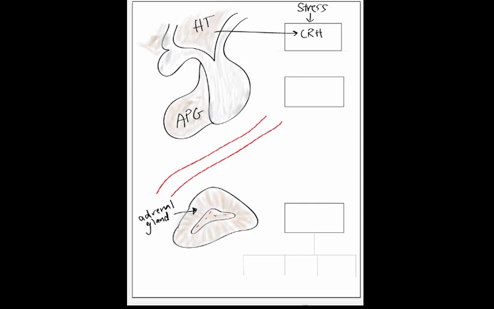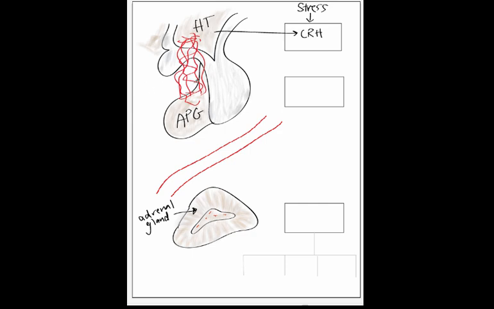CRH travels through a specialized part of the circulatory system that I'll try and draw here, called the hypothalamic anterior pituitary portal system, a network of capillaries that connect the hypothalamus to the anterior pituitary gland.